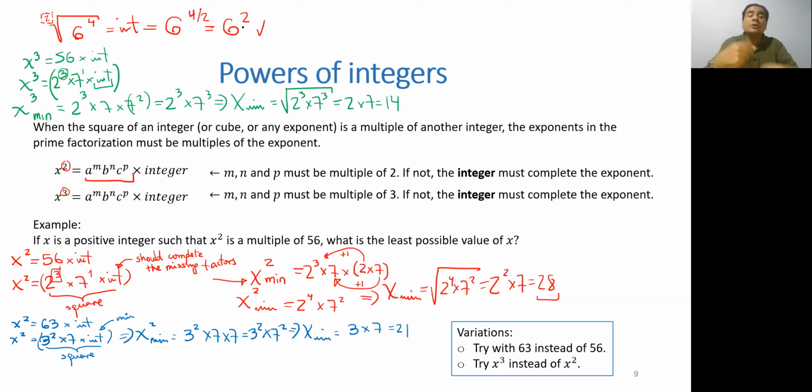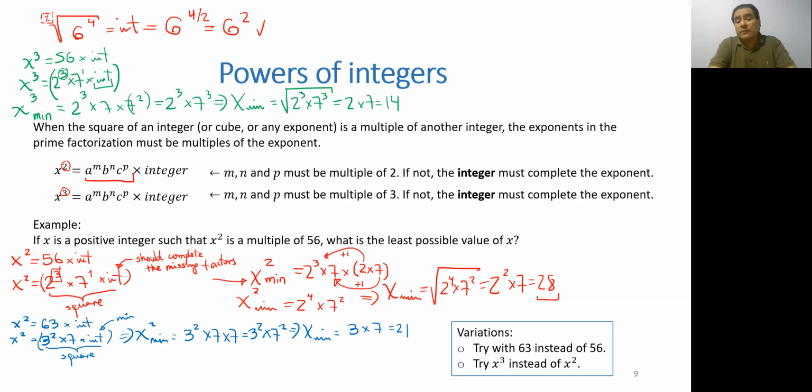All right? So you can see this property is interesting because you can find the minimum value possible for a certain integer variable whose power, let it be the square or the cube of that integer, is a multiple of a given divisor.